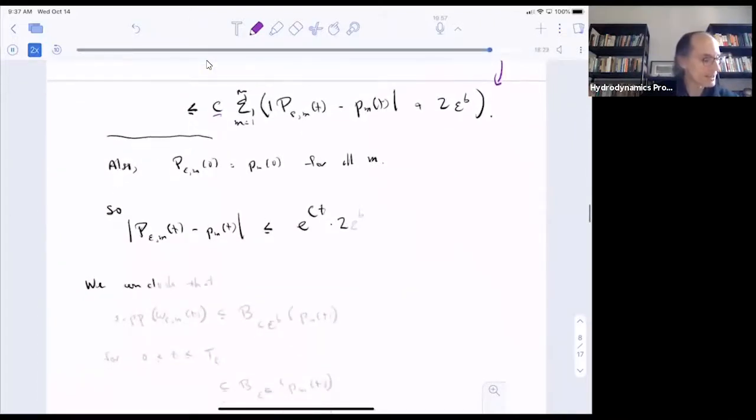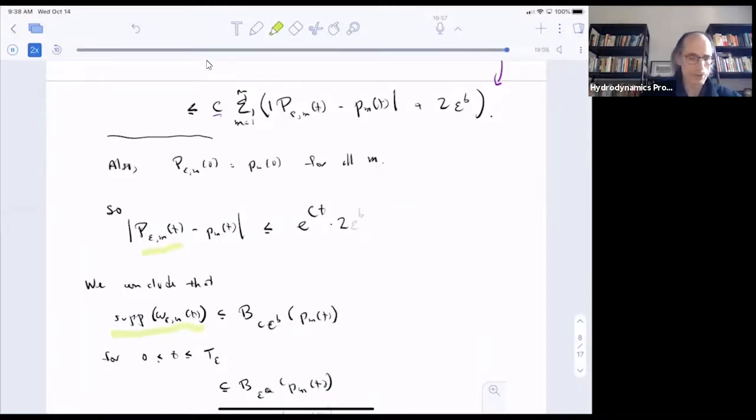Okay, and so then we've already shown that the support is contained in a ball around these capital P's, a ball of order epsilon to the b, it was 2 epsilon to the b.